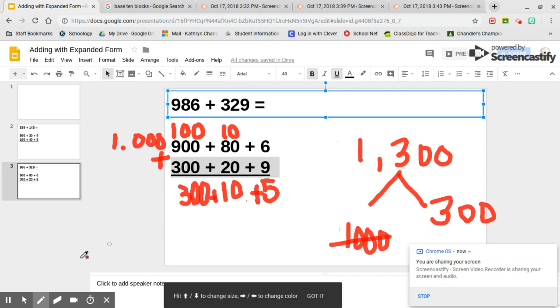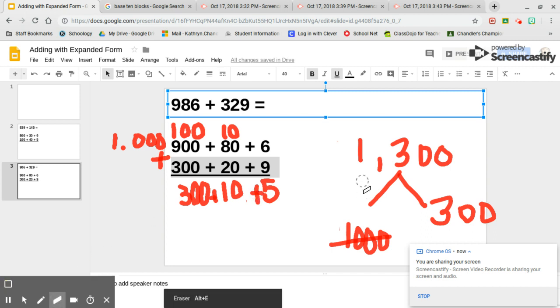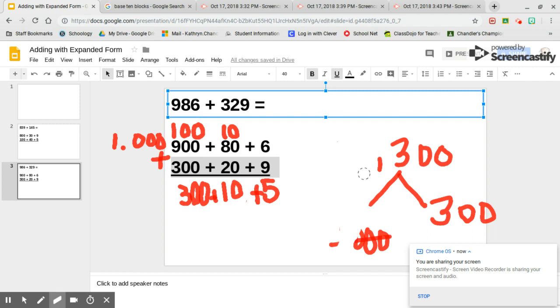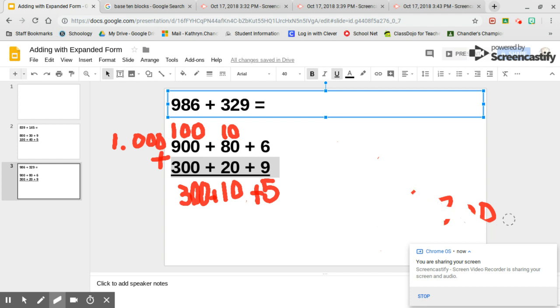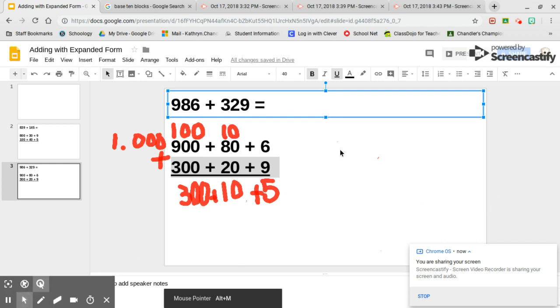And this is where it might get a little bit tricky to add together in your head to get your final answer, because remember, we're trying to take it out of expanded form and put it back in standard form. So I'll show you really quick how to stack the numbers in case it gets a little confusing.